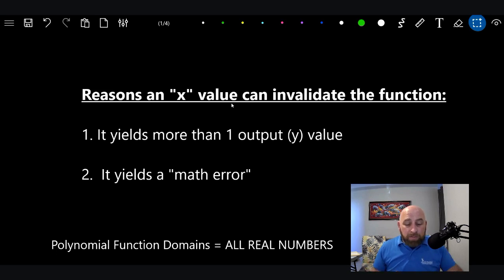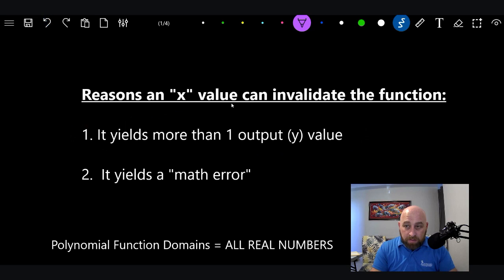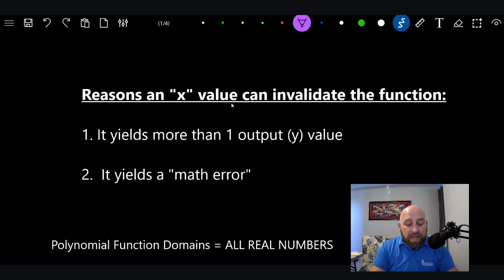All right, what are some examples of this? Well, here you go. Number one. If it yields more than one output value, then it's not a function. So if what you put in for x gives you more than one solution, then it's not a function. So that x value would invalidate the function. Another way is if it yields a math error. You put it into your calculator and you hit equals and it reads back math error, or invalid, some calculators say.